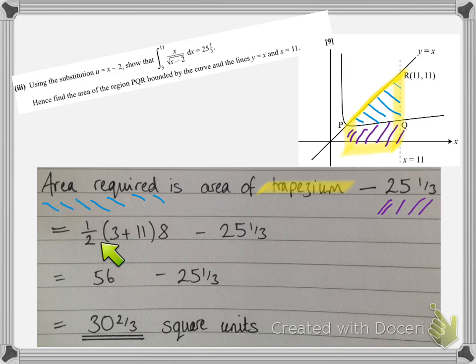So we've got, from the formula, it's like half a plus b h, so that's 3 for the height at P, 11 for the height at R, 8 is the width of the trapezium, and that gives us a half times 14, which is 7 times 8, so we've got 56 there, and we subtract the 25 1/3 to give us 30 2/3 square units.